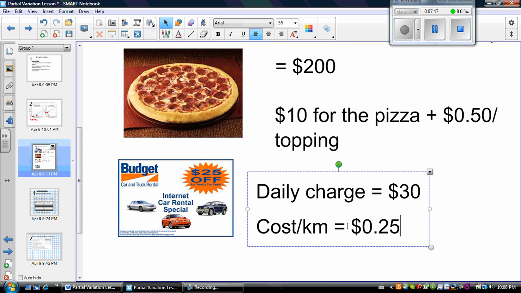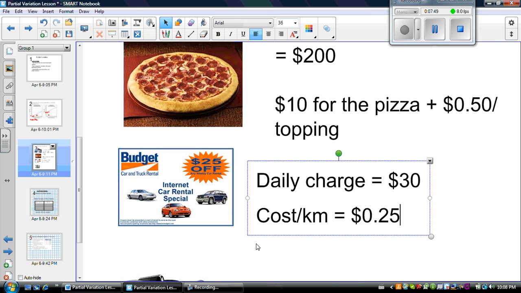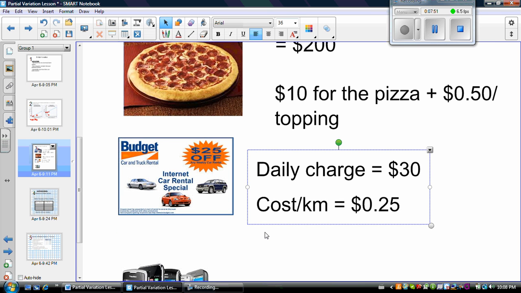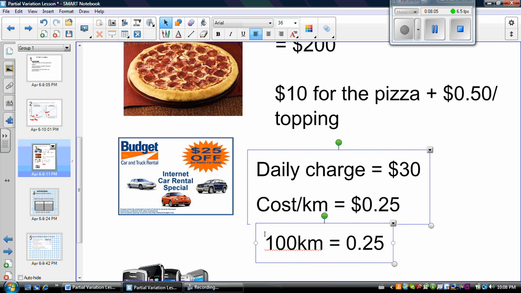And then the cost per kilometer is 25 cents. Okay, so if I use the car for 100 kilometers, that would cost me, each kilometer is 25 cents, remember, so 0.25 times 100 kilometers equals $25.